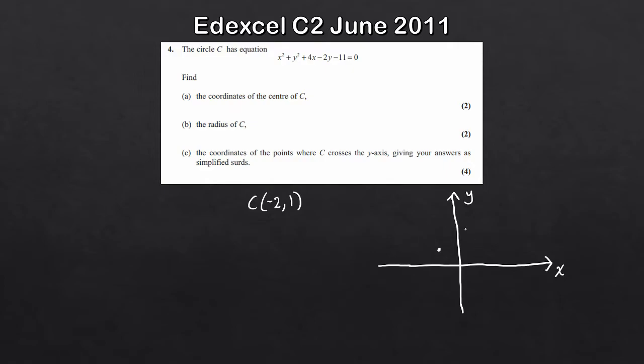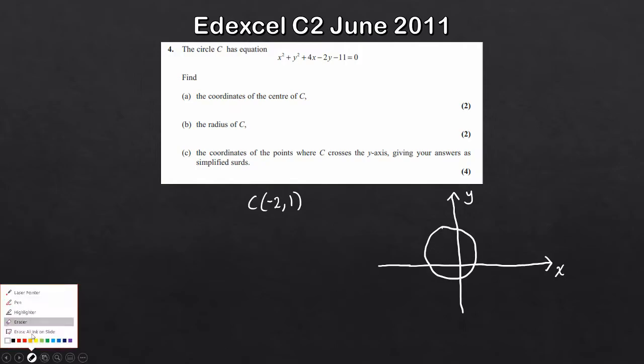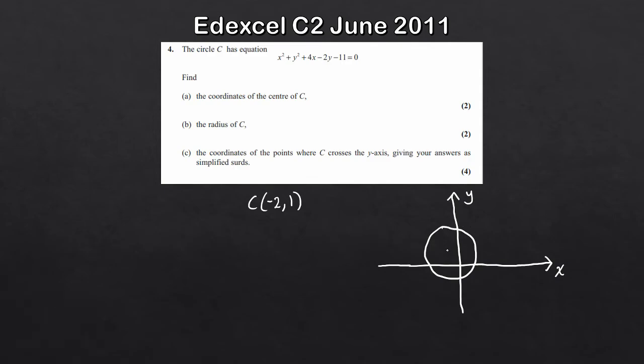So I'm just drawing a rough sketch. It's not perfect, but just so we can see what's going on. Okay, that's definitely not the centre there. Let's get rid of that and put it a bit closer. What would actually be the centre? Let's say that's -2, 1 there. Again, it's not perfect, but just so you get the idea. So that's C, the centre.